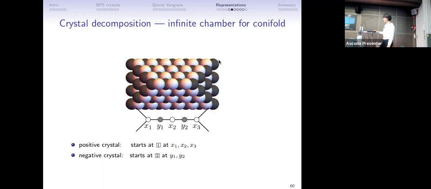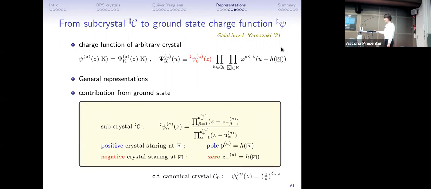An example of this is a chamber for the conifold. Instead of the pyramid, maybe it's also still called a pyramid, but it has this ridge here. This characterizes which chamber you are in. Now you have 3 positive crystals and 2 negative crystals here. To translate this into the representations, remember for the canonical crystal, the vacuum contributes just this vector.